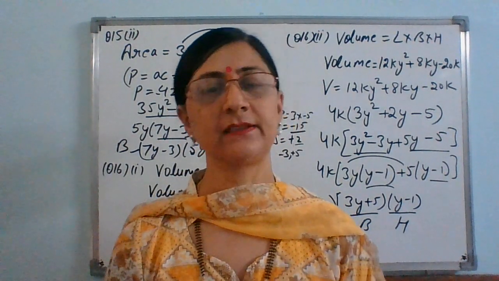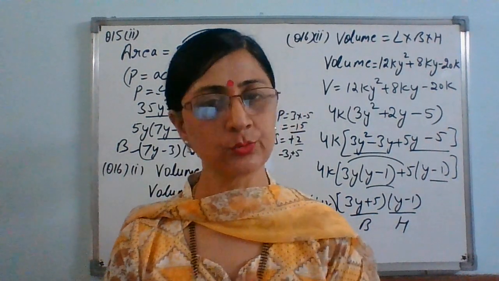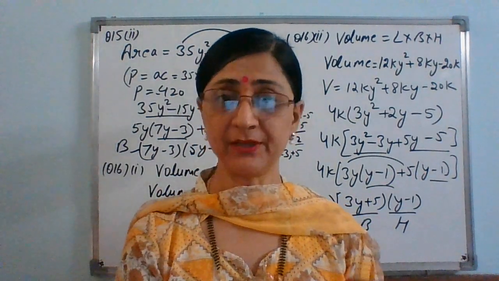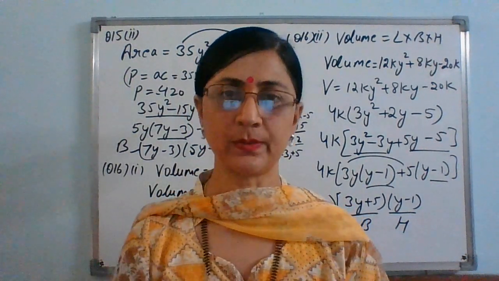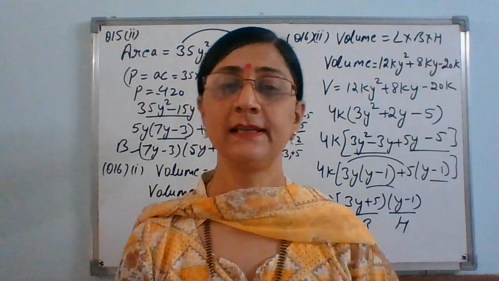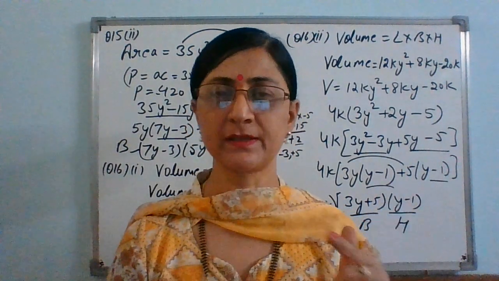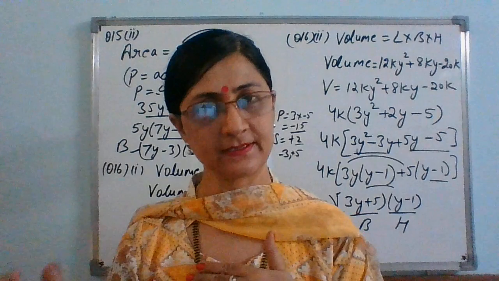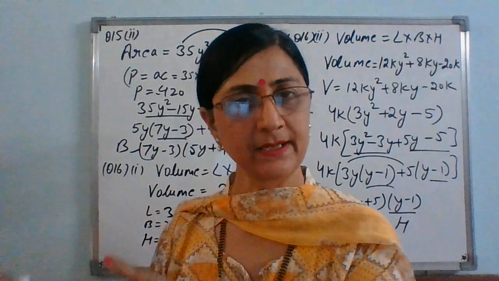In the second part, third part, then the identities also come: a plus b whole square, a minus b whole square, a plus b into a minus b, then cube formulas, x plus y whole cube, x minus y whole cube, then separate formulas, x cube plus y cube equals x plus y in one bracket, inside x square minus xy plus y square, then x cube minus y cube separate, then cube from 3 terms, like x cube plus y cube plus z cube minus 3xyz, that is also equal to, in one bracket x plus y plus z, and in the other bracket x square plus y square plus z square minus xy minus yz minus zx, right?